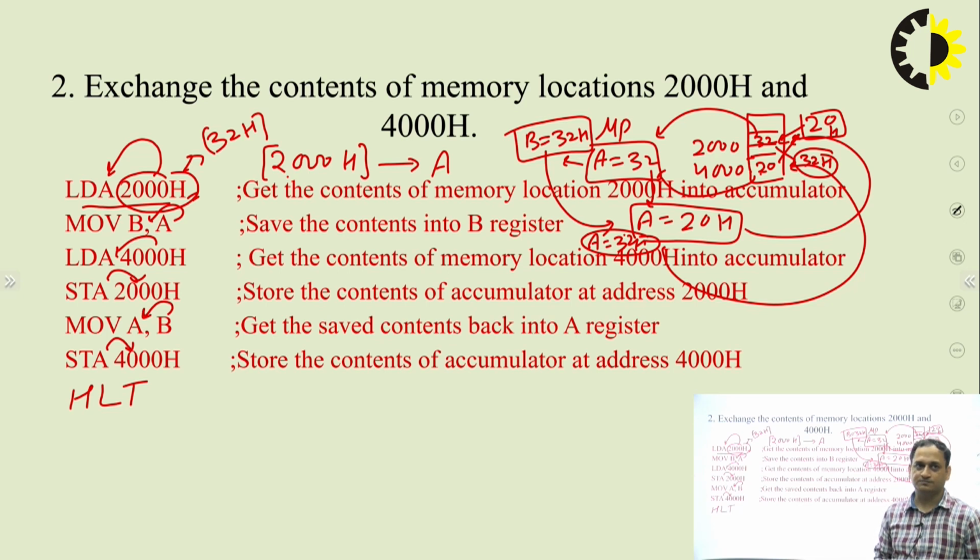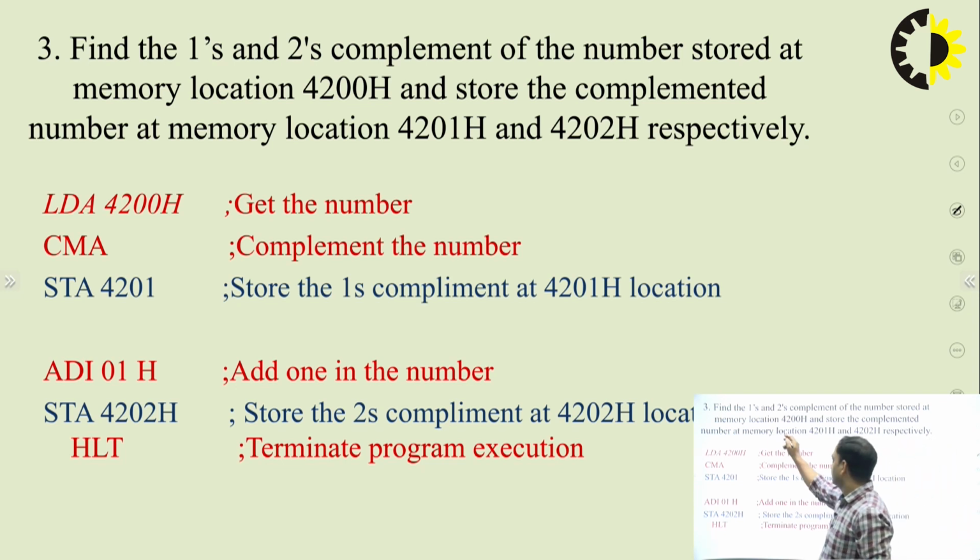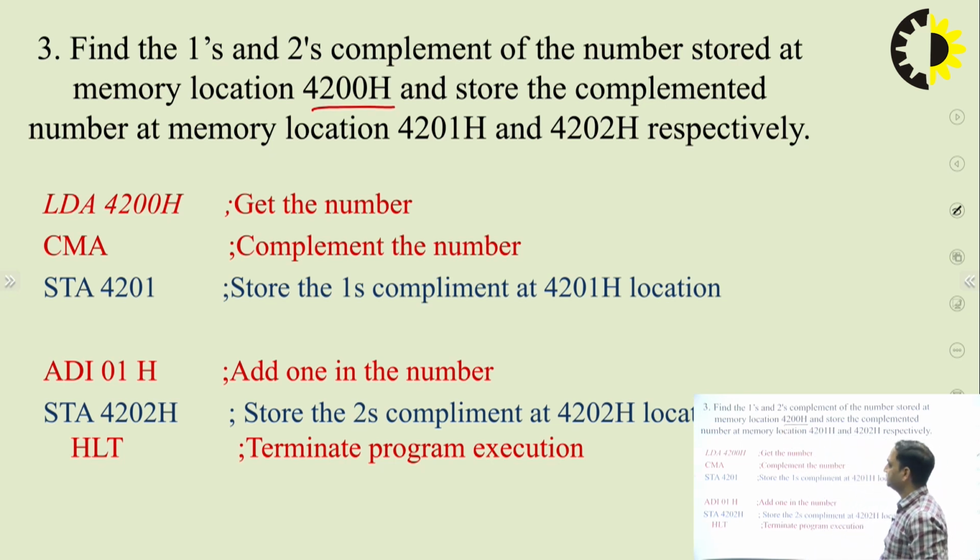and 4000. Next is to find the ones and twos complement of the number stored at the memory location 4200H, and store the complemented numbers at the memory locations 4201H and 4202H respectively.